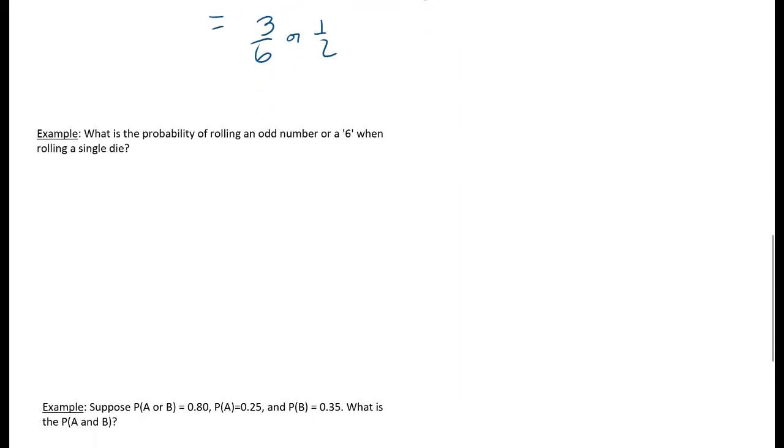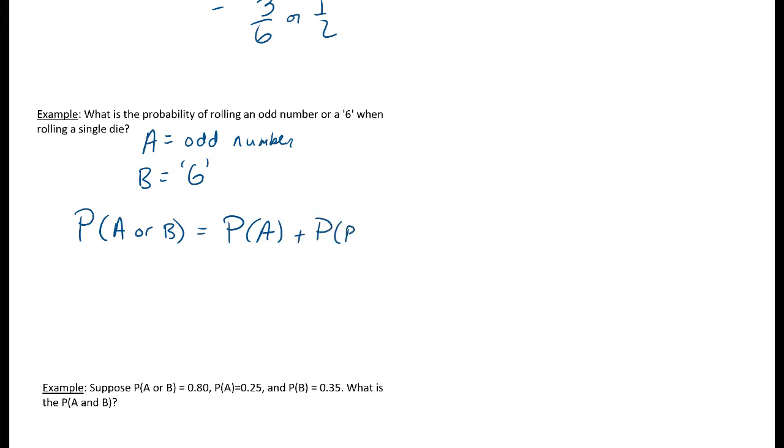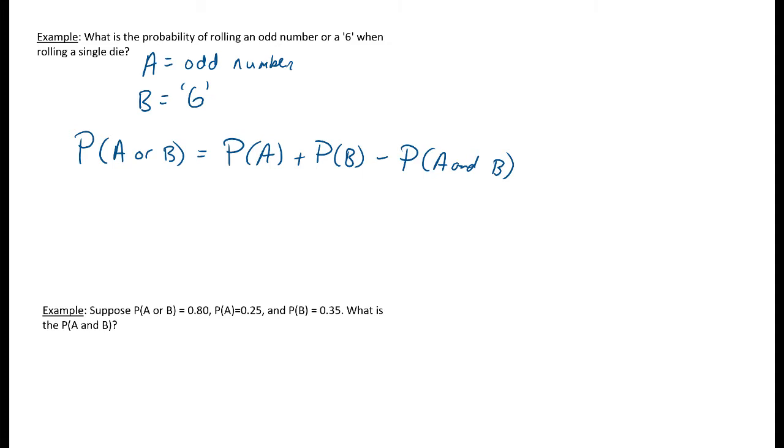Another example here. What is the probability of rolling an odd number or a 6? Okay, so here A represents an odd number, and event B represents we roll a 6. So the probability of A or B will be, one more time, probability of A plus probability of B minus what we call the intersection, A and B. All right, probability of A, rolling an odd number, is going to be 3 out of 6 because there's 1, 3, 5.